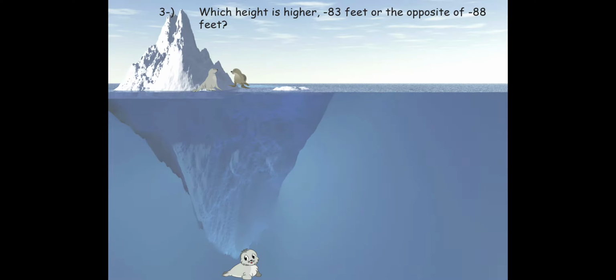Number 3. Which height is higher, negative 83 feet or the opposite of negative 88 feet? Now we have here level 0, which is exactly on sea level. And then the positive integers are above sea level, and the negative integers are below sea level.